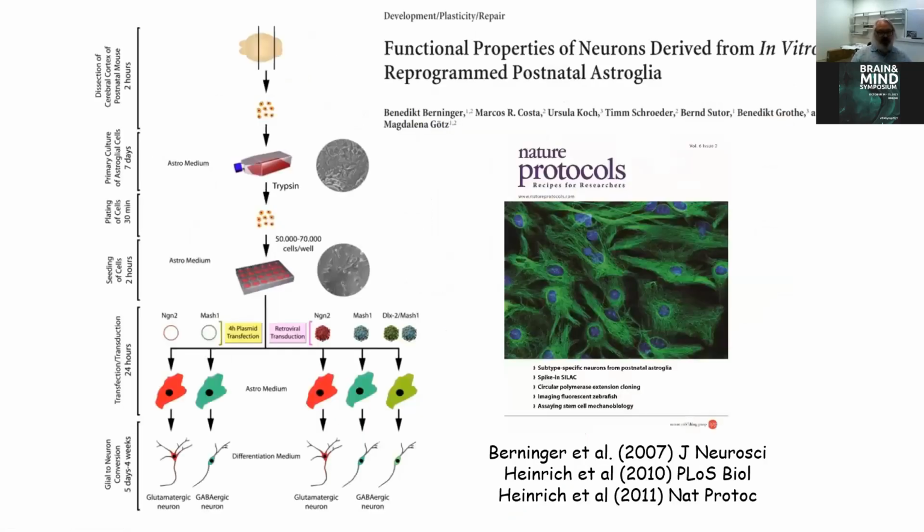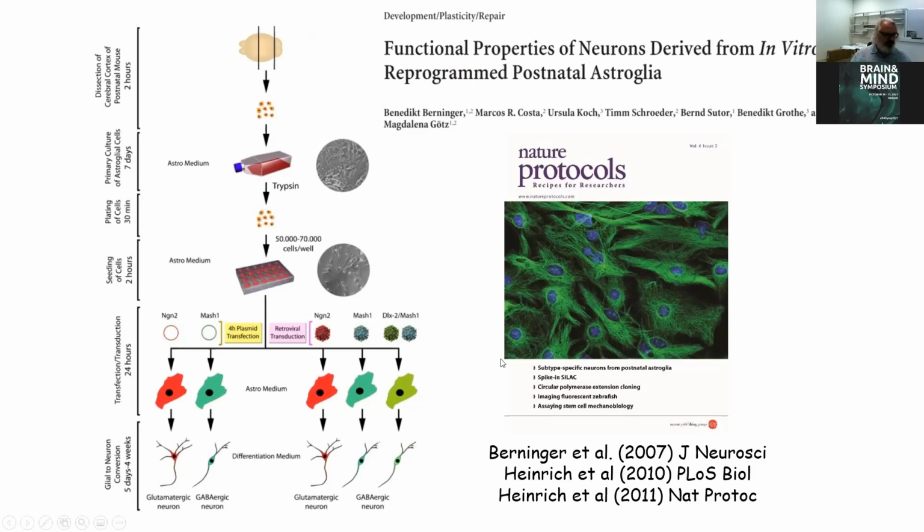So we started this more than a decade ago, when I was in Magdalena Götz's lab. At that point, we really focused on in vitro systems, culturing astrocytes from the postnatal cerebral cortex and challenging these astrocytes with a panel of transcription factors, of which we knew that they play key roles in steering cell fate in the developing cerebral cortex, such as neurogenin 2 or MASH1, which we now refer to as ASCL1, but also DLX2.